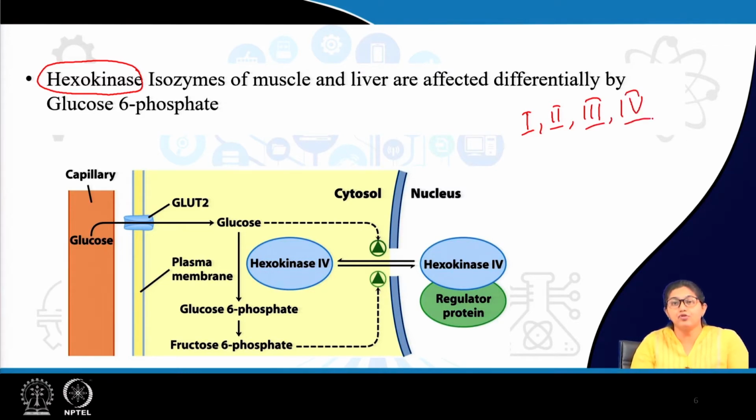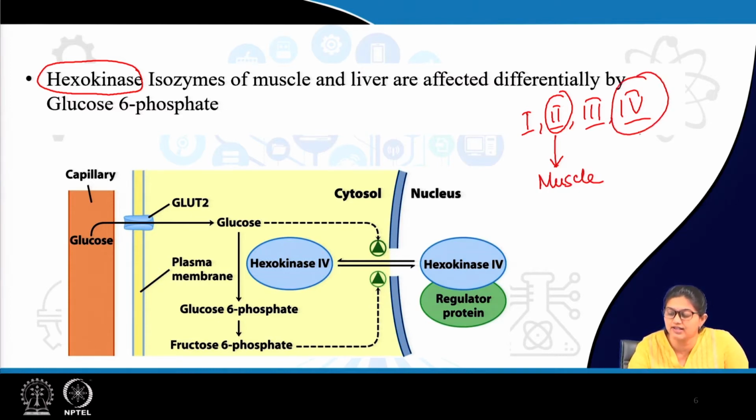Now, type 2 or isoform 2, hexokinase 2, is the predominant hexokinase present in muscle myocytes, whereas type 4 or hexokinase 4 is predominantly present in liver. These two isoforms act or respond differently to different stimuli.